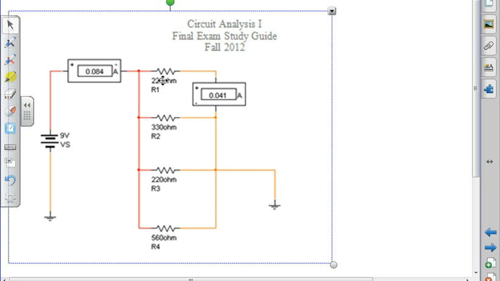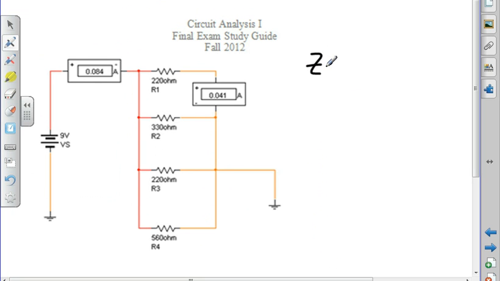So I'm going to have to figure out the resistance total. 1 over 220, plus 1 over 330, plus 1 over 220, plus 1 over 560, equals 1 over.